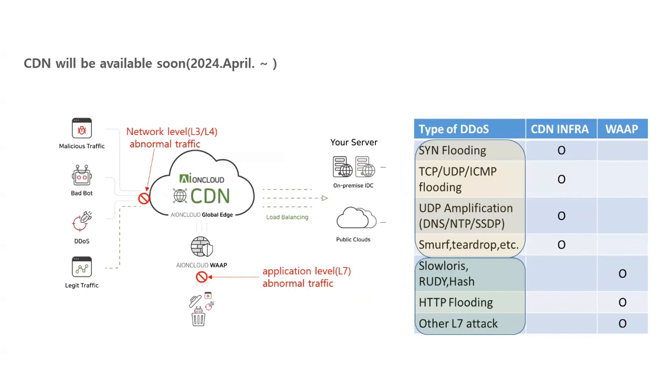And application level L7 DDoS attacks are protected at the WAAP edges. Thus, any DDoS attack traffic cannot access the customer's origin web server. And since DDoS protection is included by default, no additional contract or cost is needed.